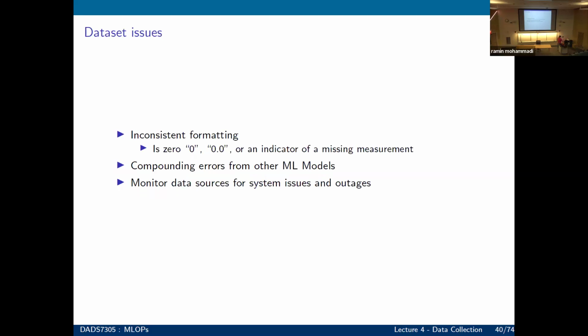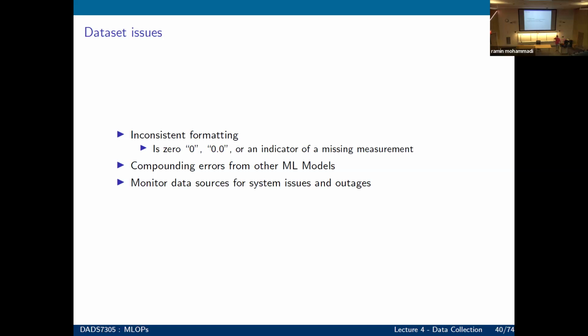Then check for data set issues. You want to be sure that simple issues like zeros, integer versus float, basically don't exist. Account for compounding errors. Compounding error means that if you think about that pipeline of the resume and job, you have multiple models that feed into each other.